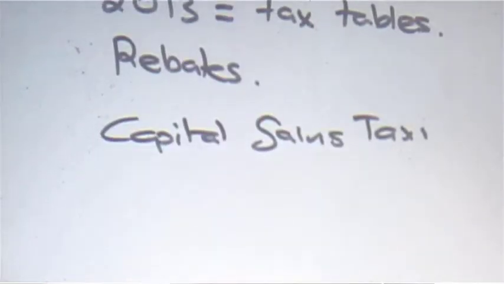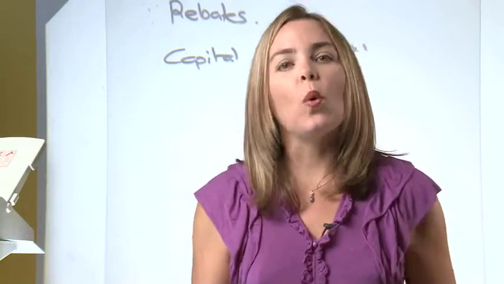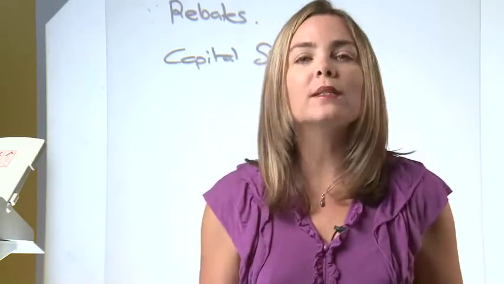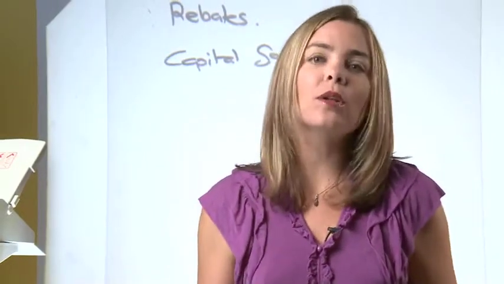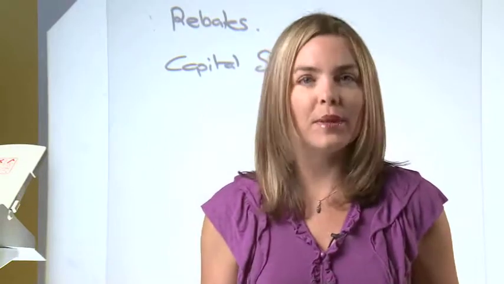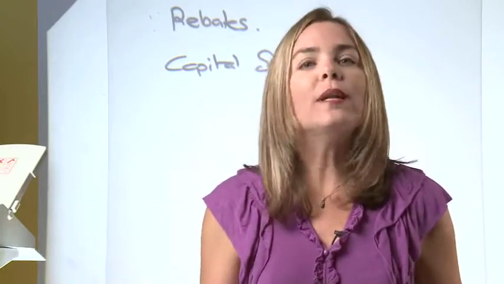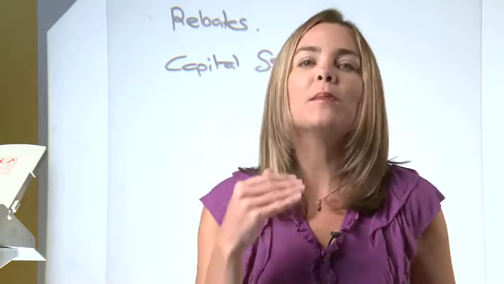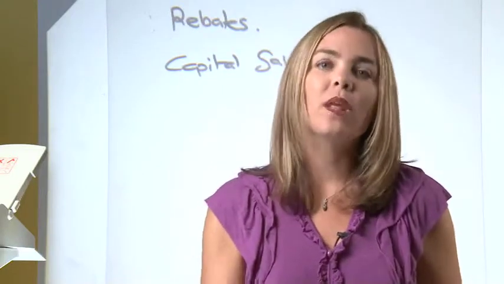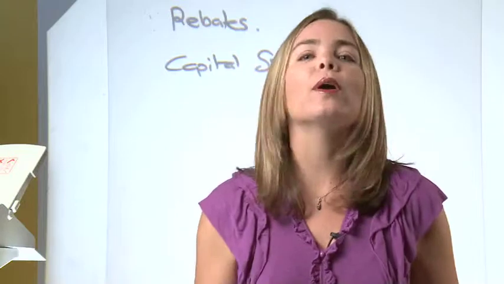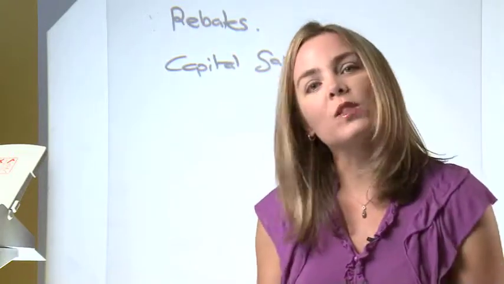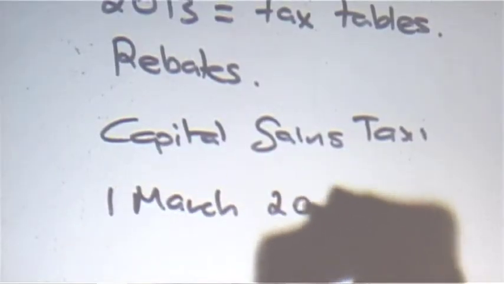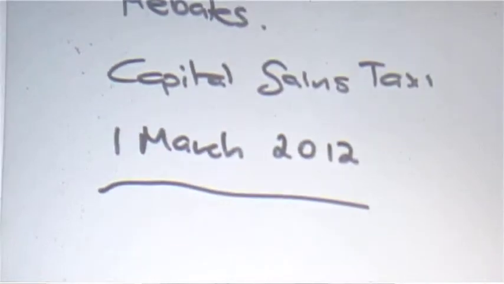Now, very unexpectedly, we saw announced to us on the 22nd of February 2012 increases in certain of the rates of capital gains taxes. So let's have a look at those increases, but let me make one thing clear first. The new rates that were introduced to us last week in the budget speech, these new rates will be effective right now from the 1st of March 2012.